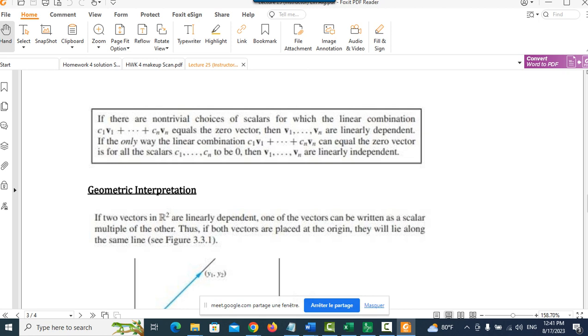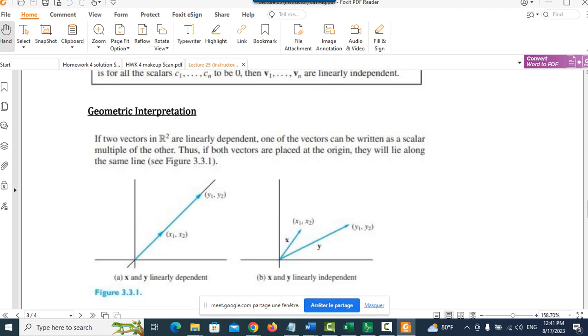If the only way the linear combination c1 v1 plus cn vn can equal the 0 vector is for all of the scalars to be equal to 0, then you can say that v1 through vn are linearly independent.